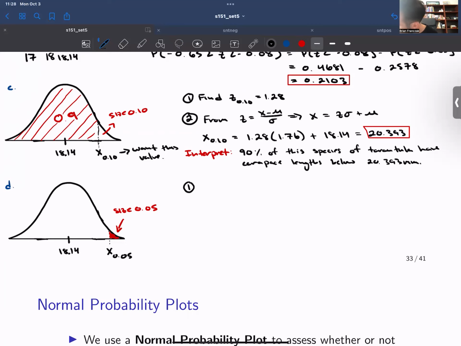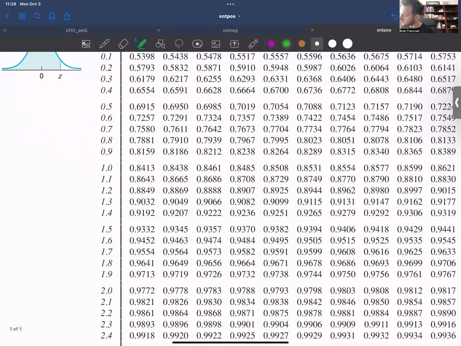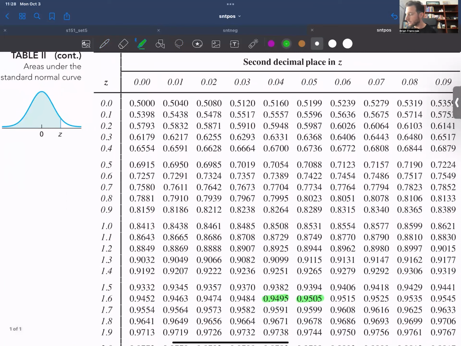We start off by finding z 0.05. Okay, so if we have 0.05 to the right, that means that we must have 0.95 to the left. So if we look up directly 0.95 in our normal table, we'll see here that this is one of the special cases where the Z score is the average of two quantities.